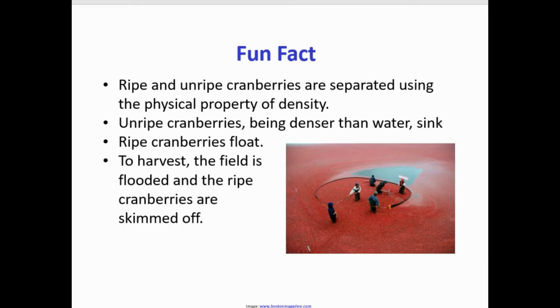They flood their fields with water. The cranberries that are not ripe sink to the bottom. The cranberries that are ripe are less dense than water and they float, and they can just skim the top of the water and get all of the ripe cranberries and leave the ones that aren't so ripe in the fields.